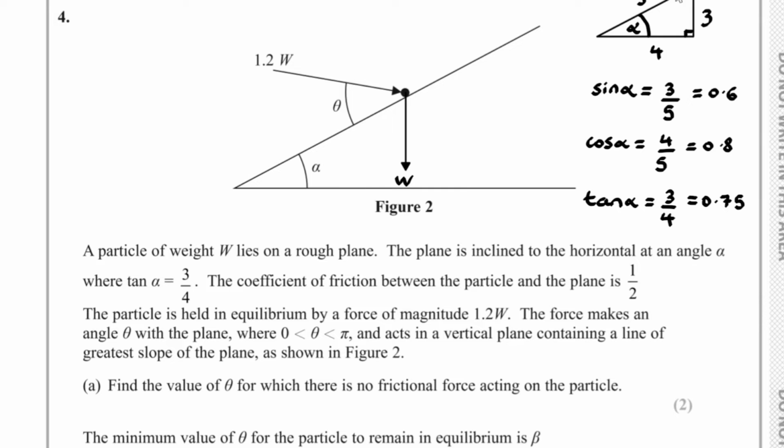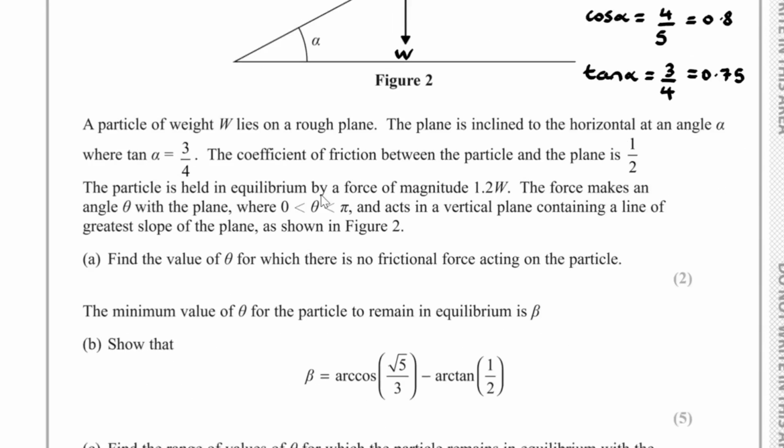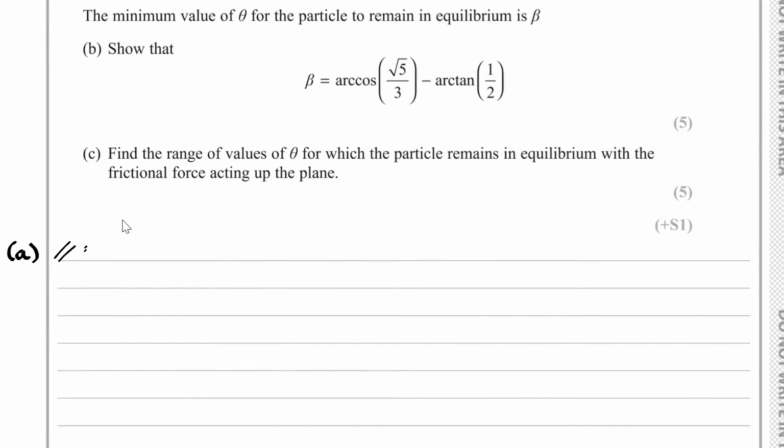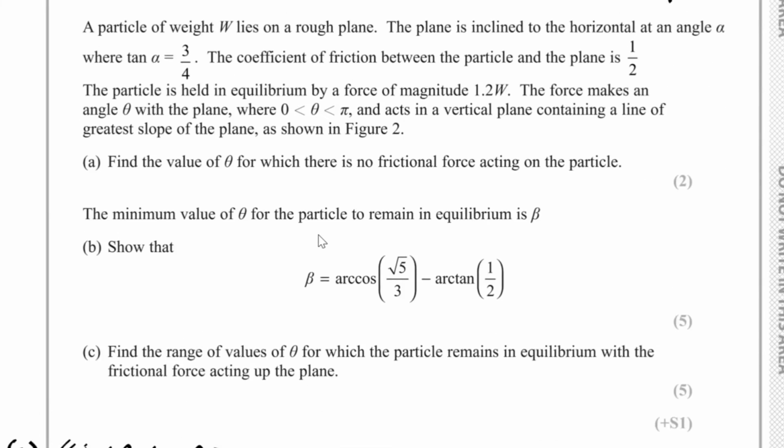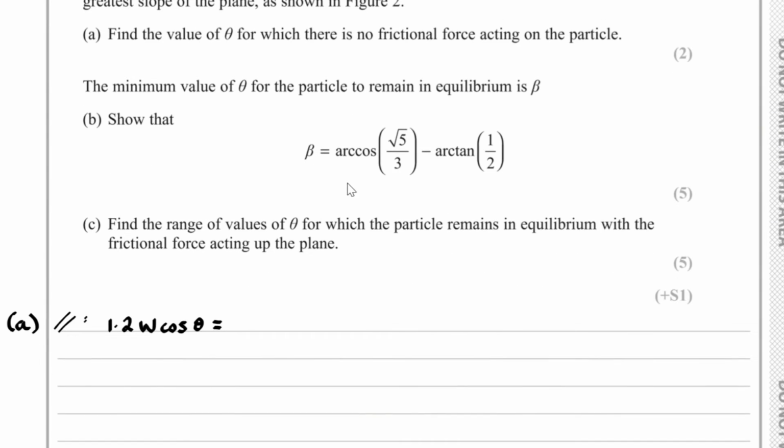So we have 1.2 W cos theta, which is the external force here, and that will equal the component of the weight parallel to the plane, which is W sine alpha.